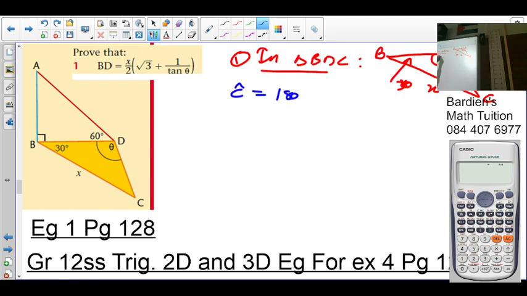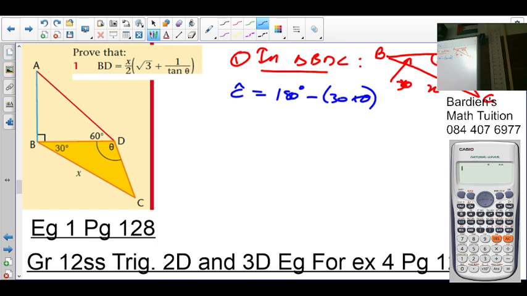180 minus 30 minus theta. Not so? Which is the same as 180 minus 30 plus theta. You all agree with that? I heard somebody saying 150 minus theta, which is also correct.